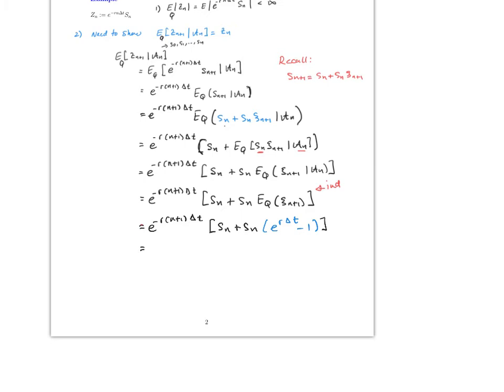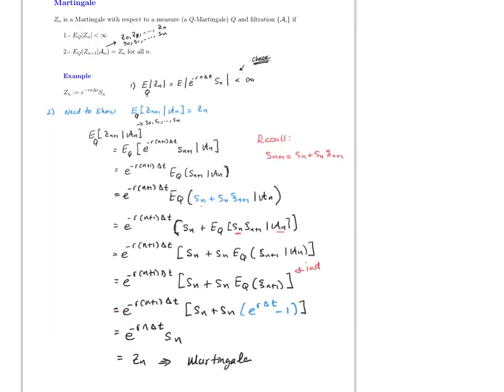And this simplifies to e to the minus r_n delta t, because this one will cancel the 1, and this will cancel one of the S_n's, so this will just be S_n, which is by definition equal to C_n, so that implies it is a martingale.